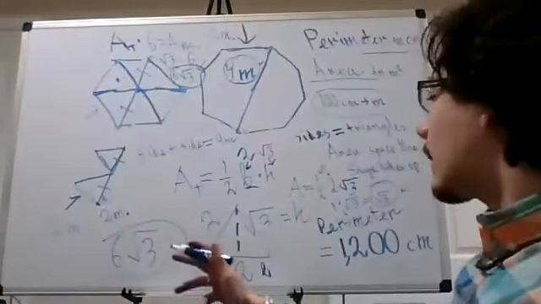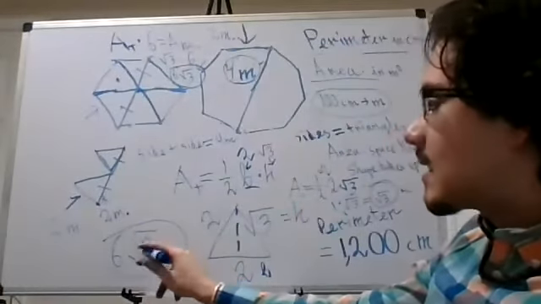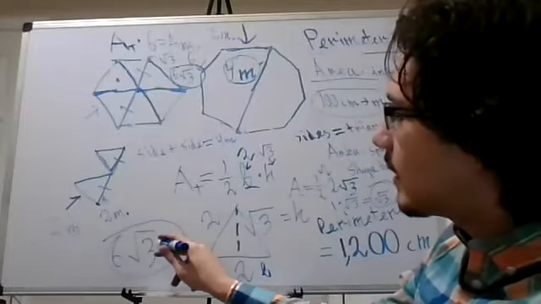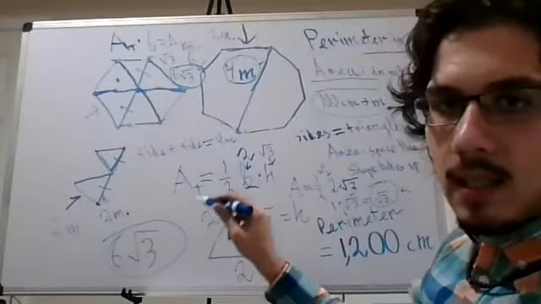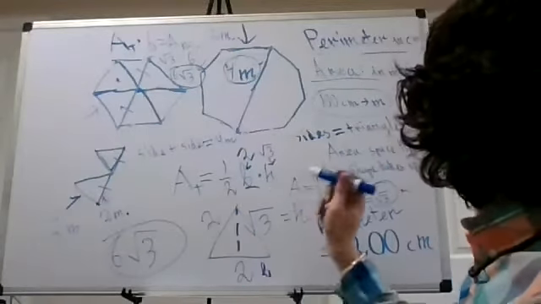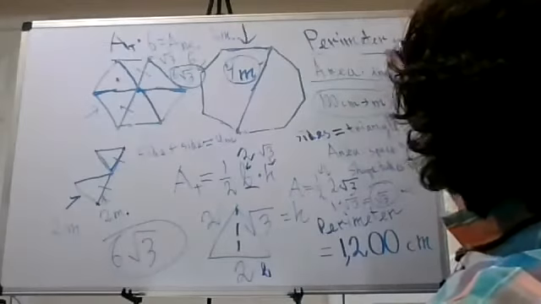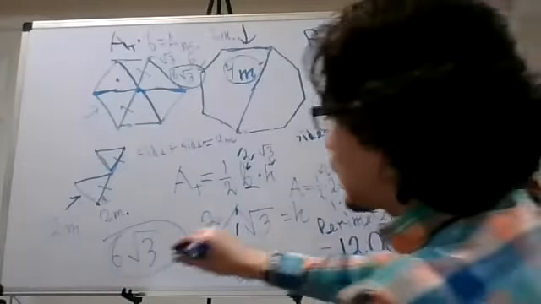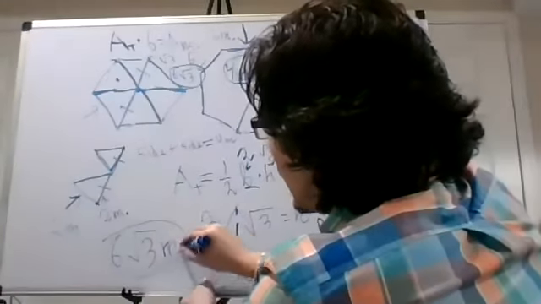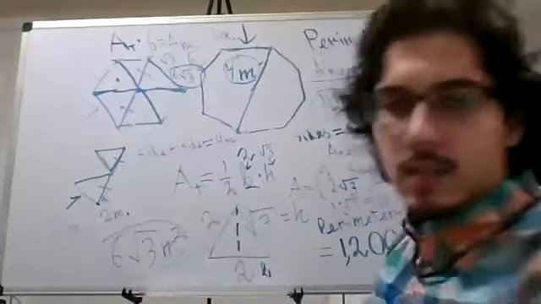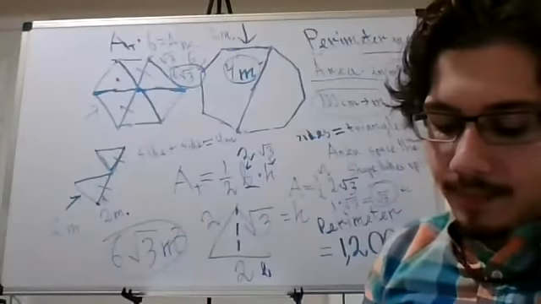We said before that a number as itself is just a scalar. A scalar does not describe a length of any kind. Therefore, we are missing our units, which is in meters. So our area is meters squared, 6 root 3 meters squared. Any questions?